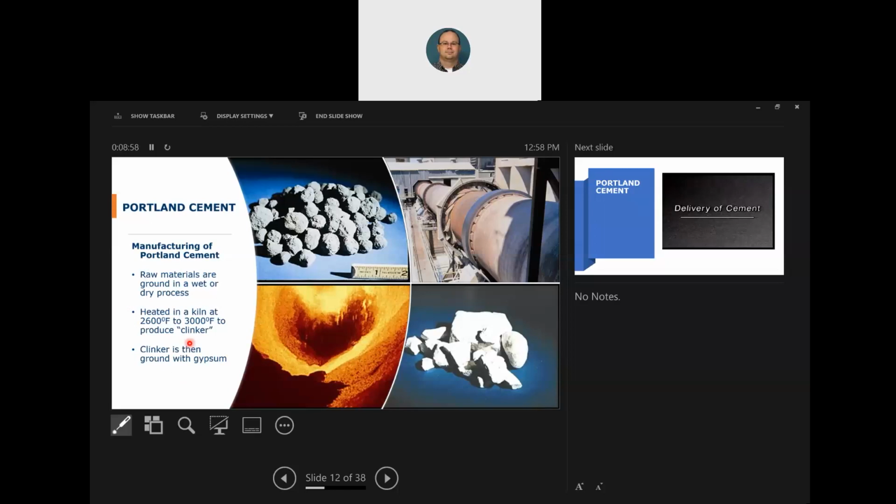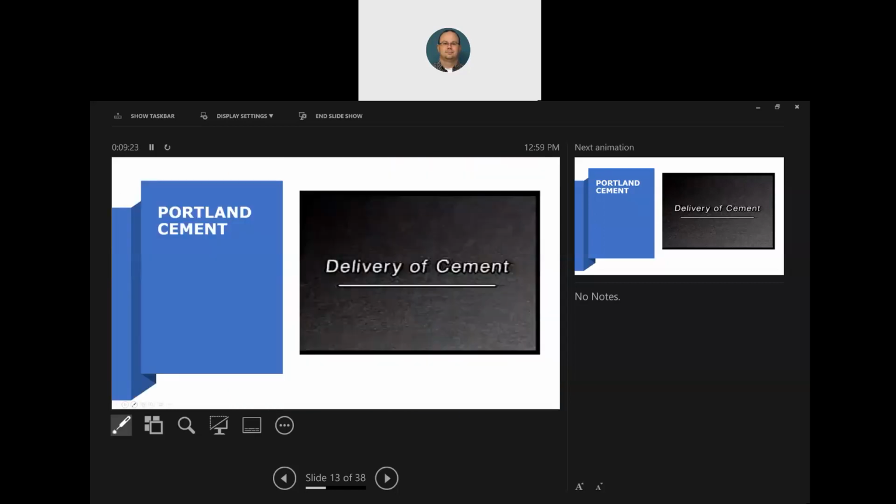But believe it or not, the production of cement actually creates more CO2 emissions than asphalt, because we have to heat these bedrock and soil products at 2,600 degrees Fahrenheit, as we're only warming up asphalt at about 200 degrees Fahrenheit. So there is actually a lot more CO2 from the production of cement. So here's another video.